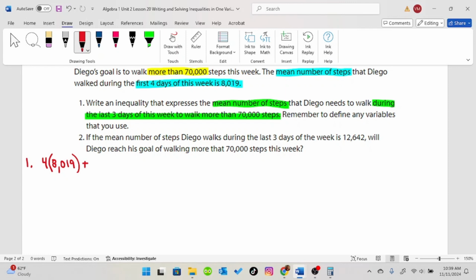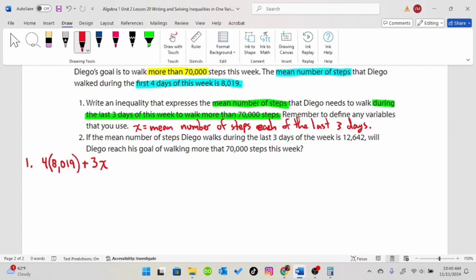We need to add 3 times x, and we will say that x equals the mean number of steps each of the last 3 days.